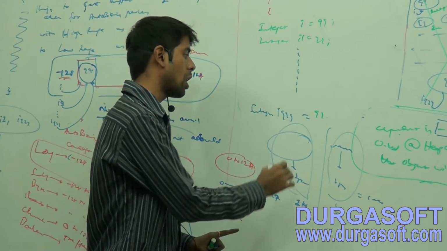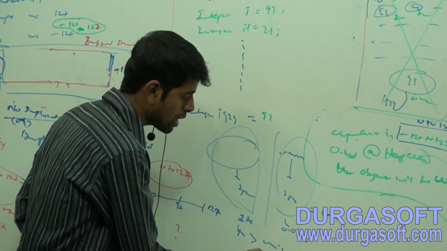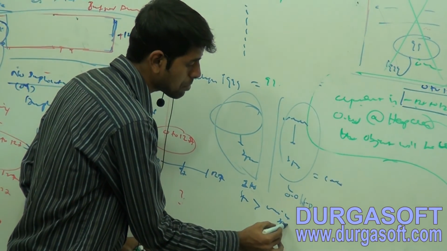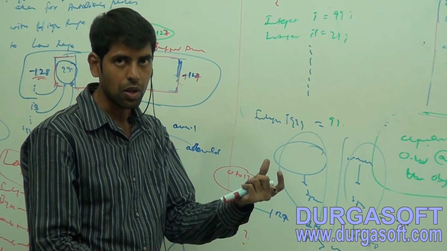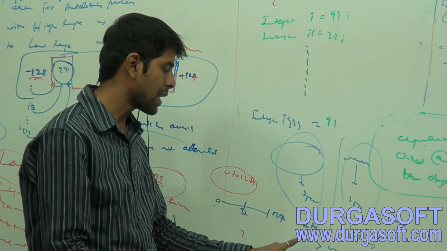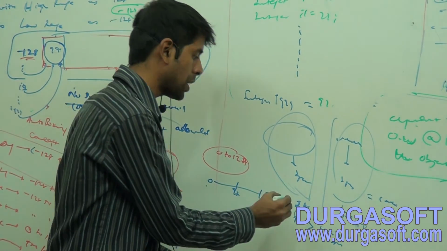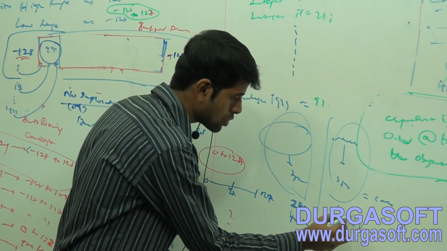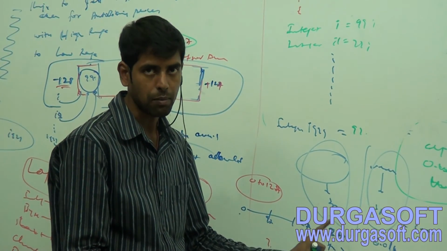But always, object space will be greater than variable space. That is, variable storing space will always be less than object occupying space. I am mentioning these just as approximate values.